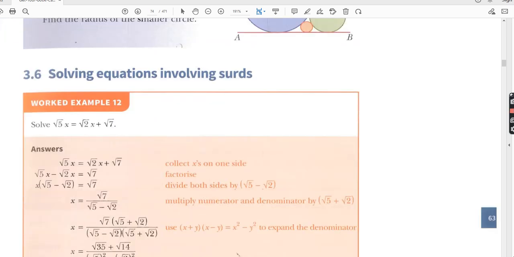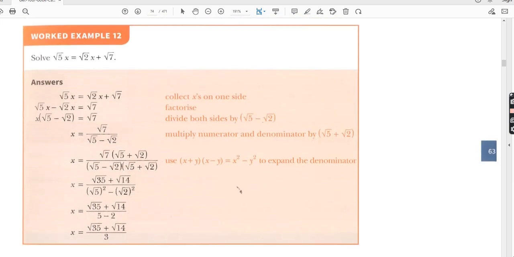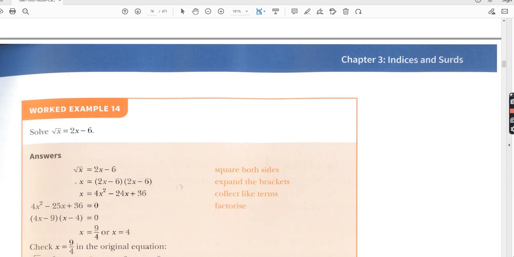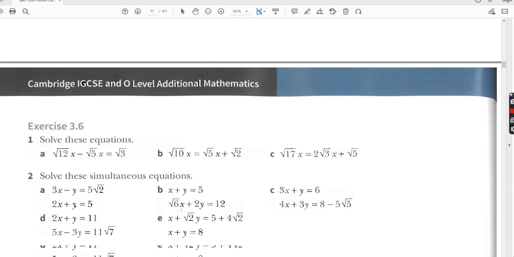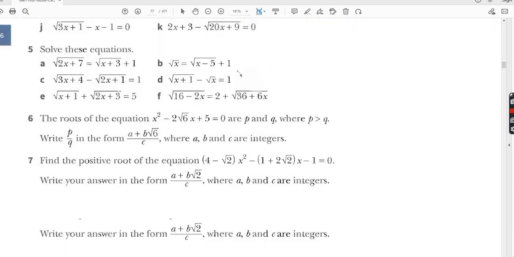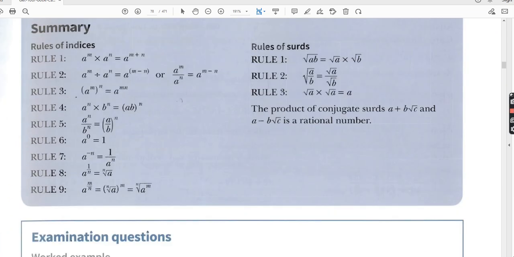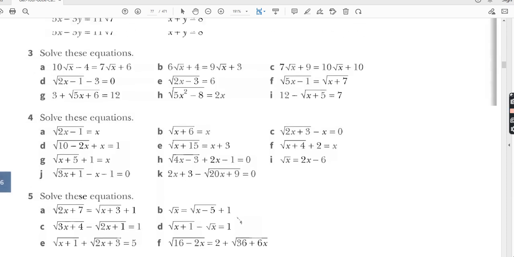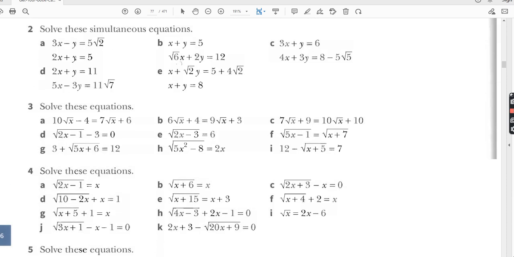Exercise 3.6: solving equations involving surds. How many questions? 1, 2, 3, 4, 5, 6, 7. And then chapter, the end. So only two exercises are left in this chapter, chapter number 3. And after this chapter, we will start chapter number 4.